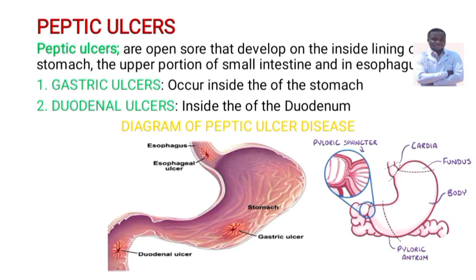In the duodenum, we have the Brunner gland. The Brunner gland secretes mucus which is rich in bicarbonate. Bicarbonate is an alkali, a base, which helps to neutralize the acidity from the stomach.